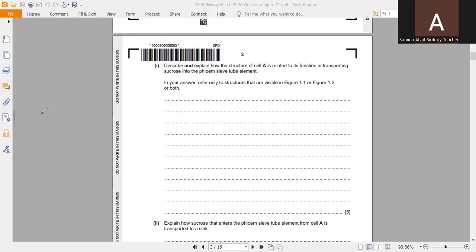As I have told you, in Figure 1.1, we can easily see, most importantly, the mitochondria. The mitochondria in Figure 1.1 produce ATP via aerobic respiration to provide the energy required for active transport.